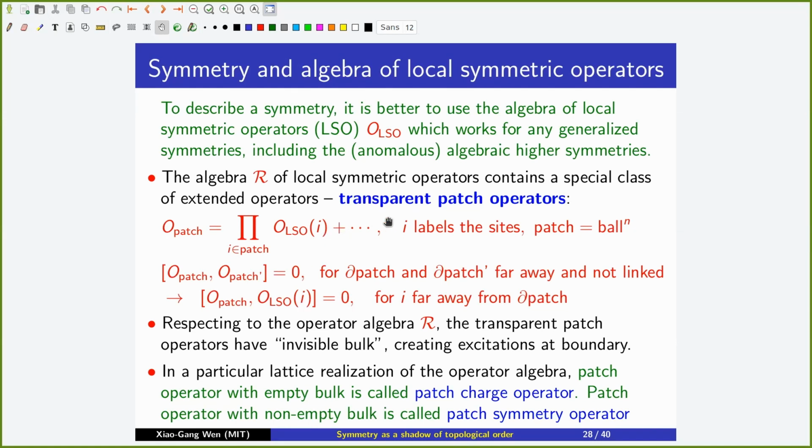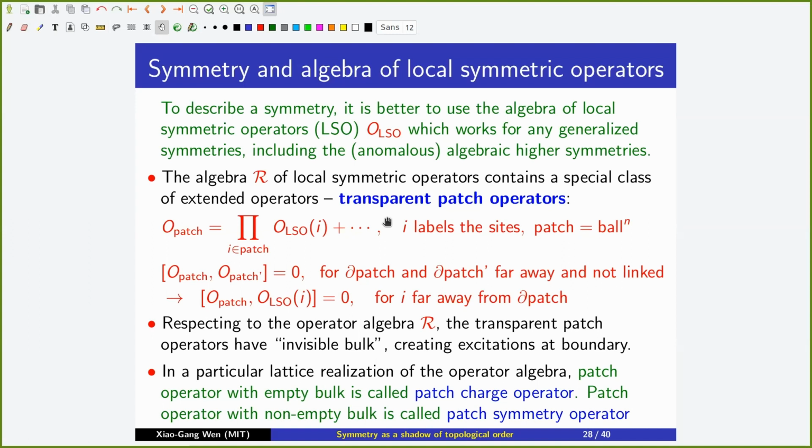So the idea for the transparent patch operator really is the idea of fractionalization. For example, in a quantum Hall state, we can create a single electron. But the electron can fly apart and become 3 charge-1/3 anyons. So the single electron operator is like a local symmetry operator. Then the string operator which creates an anyon and anti-anyon is like a patch operator.